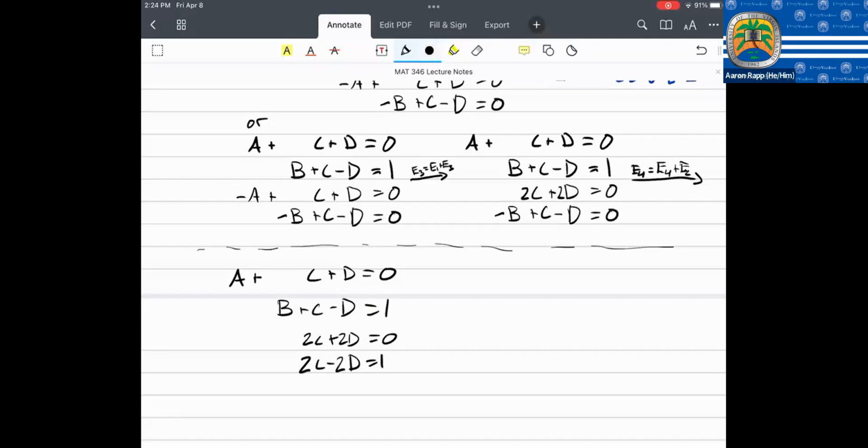So now when I look at this, okay, I still have 4 equations, 4 unknowns, but what do I now have buried inside of that? I have a system of 2 equations and 2 unknowns. 2C plus 2D has got to be equal to 0, and 2C minus 2D has got to be equal to 1. So we just highlight that and work with that simpler 2 by 2 system.